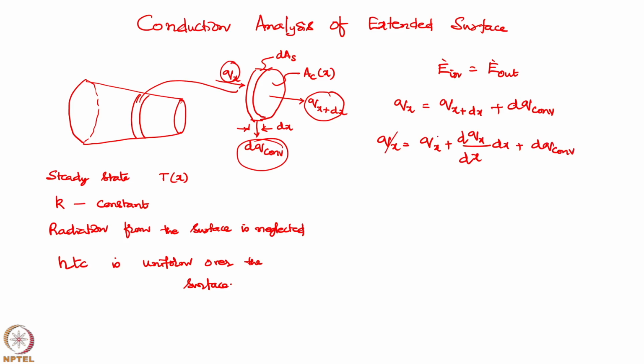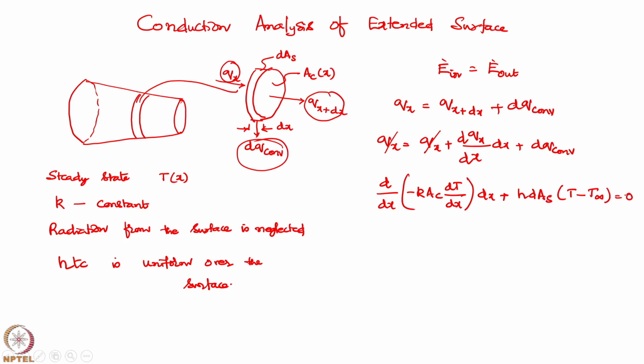The Qx gets cancelled out, and I can replace Qx: d by dx of Qx is nothing but minus k Ac dT by dx into dx, plus h dAs into T minus T infinity by Newton's law of cooling. This is equal to 0.